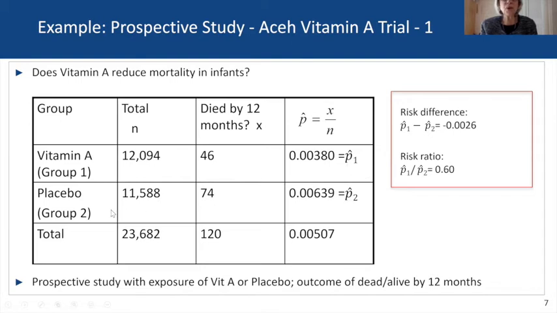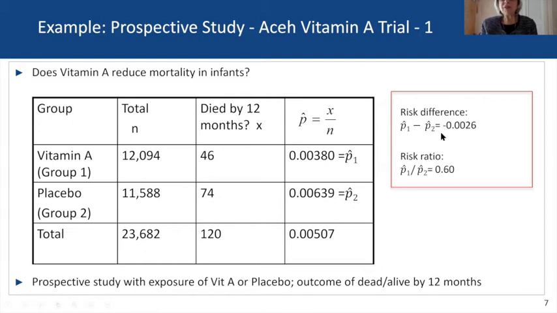In the placebo group, which we'll call group 2, there were 11,588 children. 74 had died by 12 months. So the risk of death was 0.00639, which we call P2 hat, or the risk of death, the proportion who died in the placebo group.